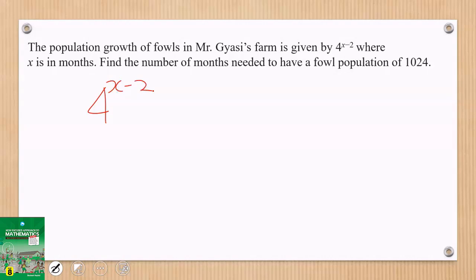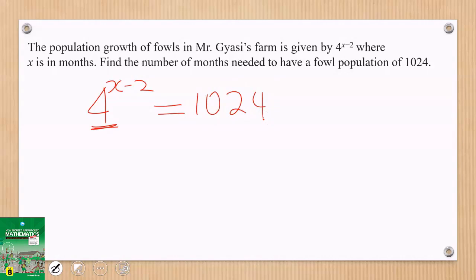Find the number of months needed to have a fowl population of 1,024. So the growth of the fowl is equal to this. If you want to find the number of months, which is x, then we equate this to the total number, which is 1,024.